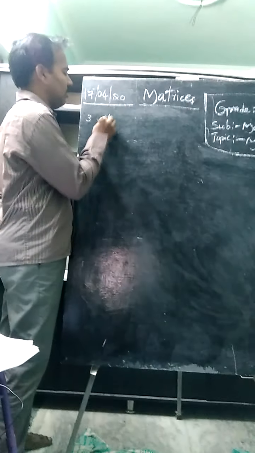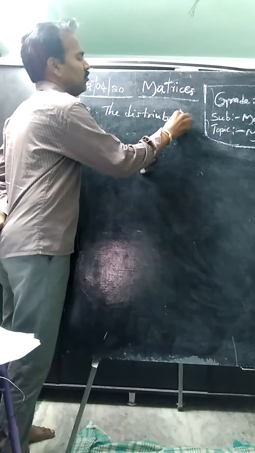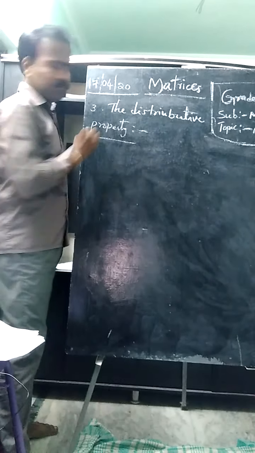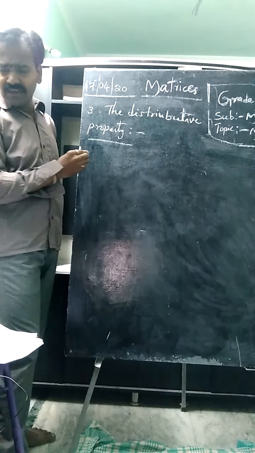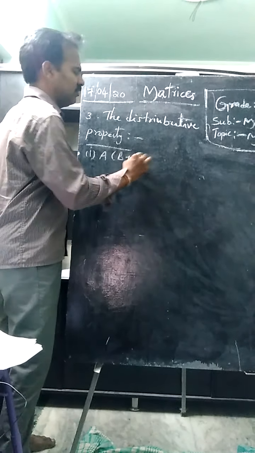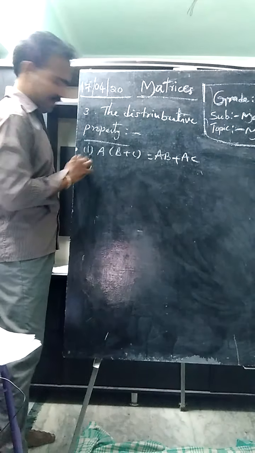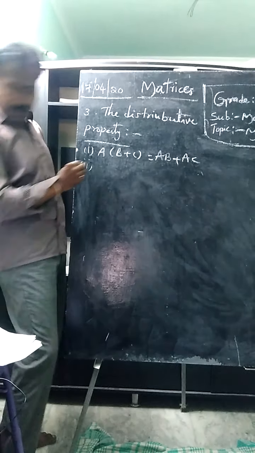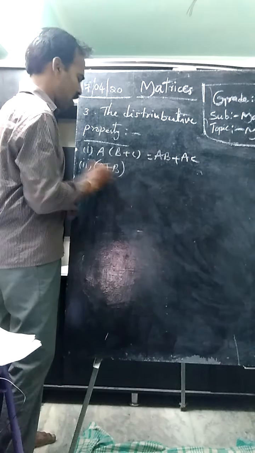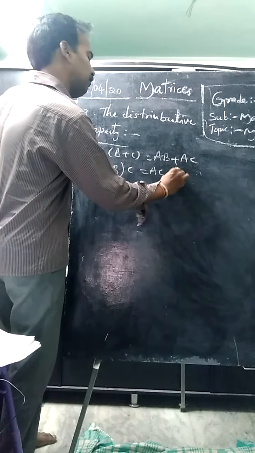Distributive property, as you know how to write it. In numerical or algebraic terms, the distributive property exists when, in the first case, A(B + C) can be expressed as AB + AC, and the next case is (A + B)C equals AC + BC.